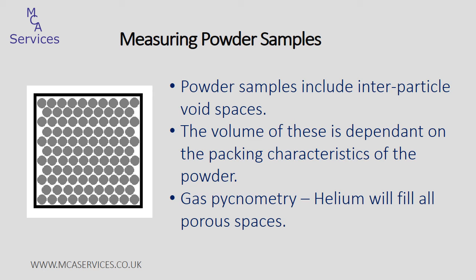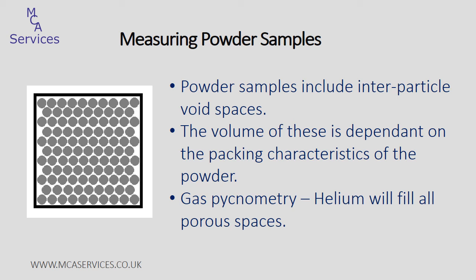If we consider powder samples, the measurement of volume becomes a little bit more complicated again. This image shows powder particles packed within a sample cell. When we fill the measurement cell with a powder, the displacement volume will now include interparticulate void spaces. That's the spaces between each of the particles, and the volume of these spaces will depend on the packing characteristics of the powder particles.